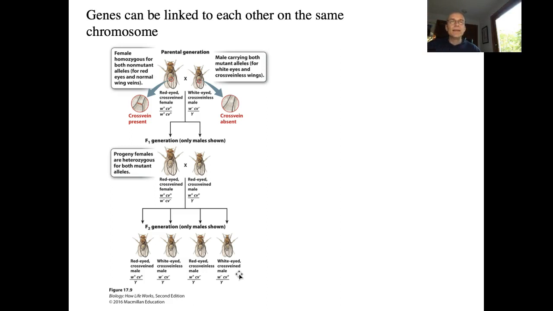Well, that must mean that if these two genes were physically located on the same chromosome in the grandparents, but now they are no longer physically located on the same chromosome, they must have been broken and rearranged. They must have been recombined. The two chromosomes must have broken and fused and recombined.